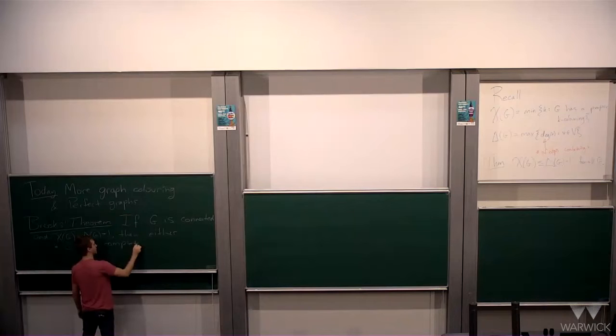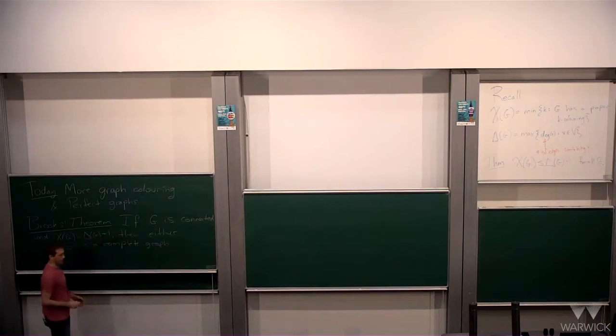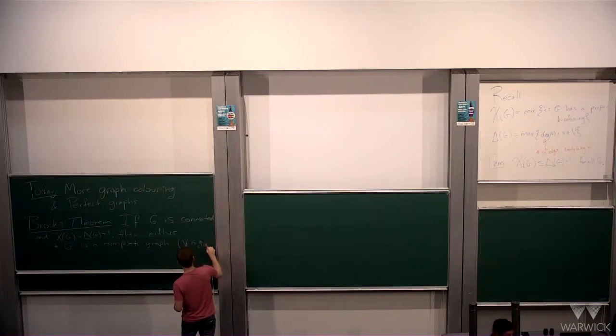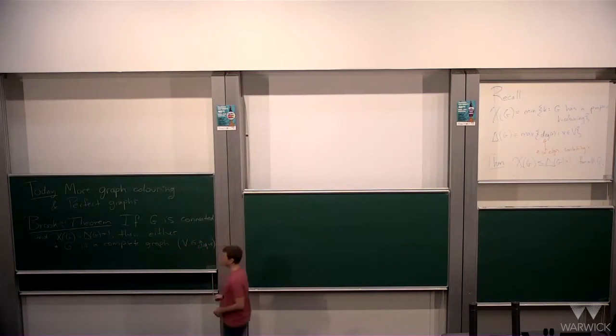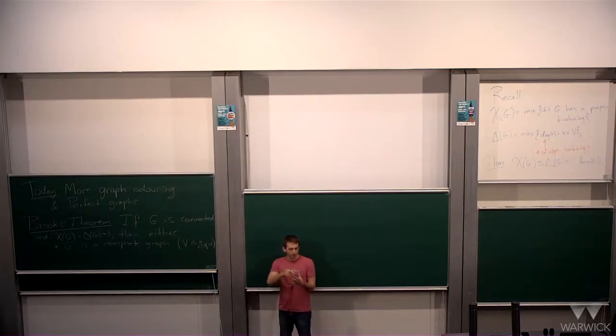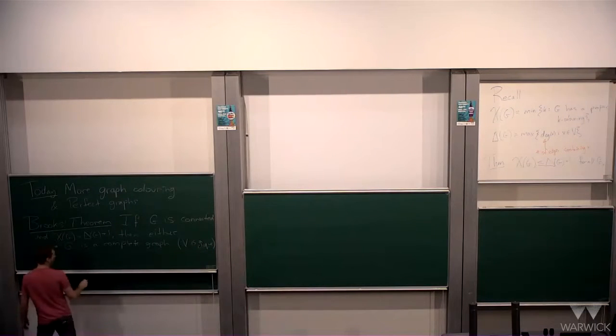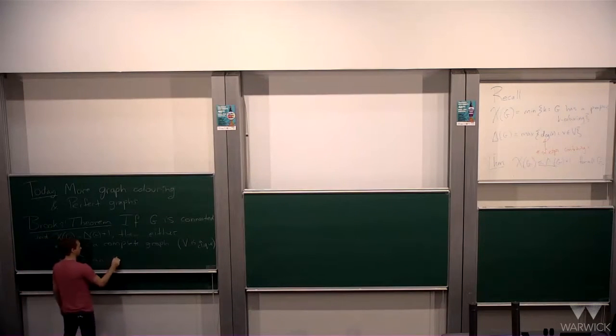I don't think this is a term that I've defined yet, but it's kind of simple. If G is a complete graph, that just means that the whole vertex set is a clique. So it has all the possible edges between all the possible vertices. Or G is an odd cycle.